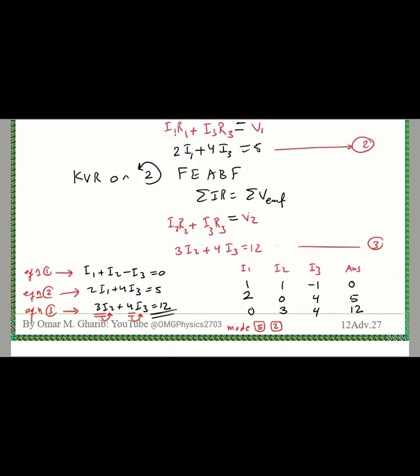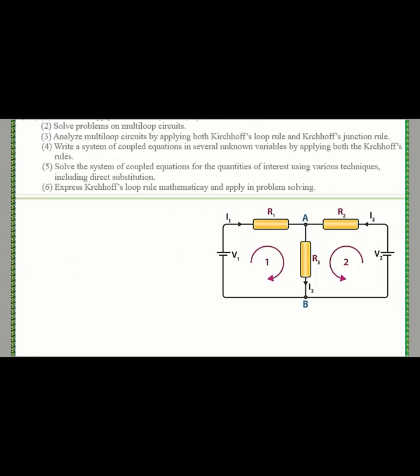I'll put them and I will come back. Try to make it by your own. I found that I1 equals minus 0.5 amperes.